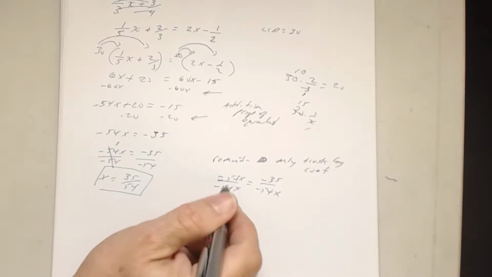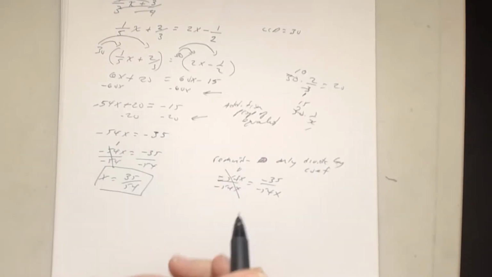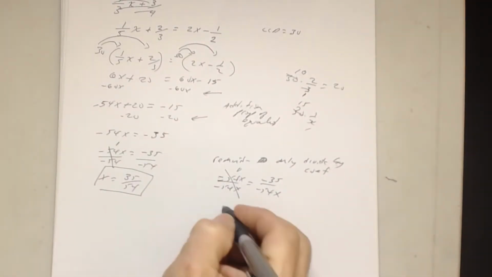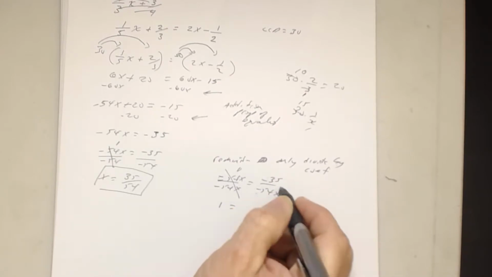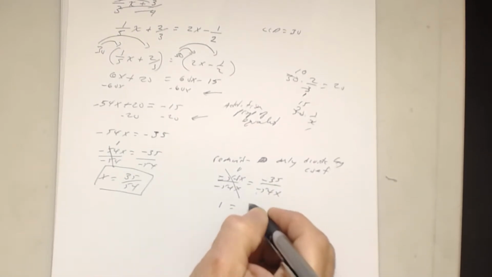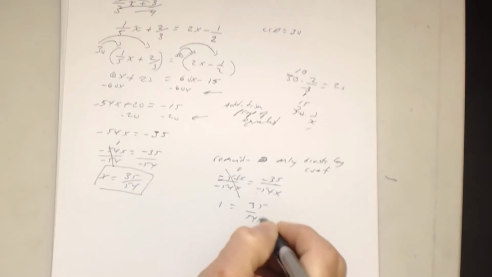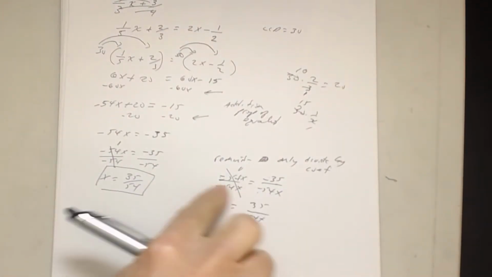What's negative 54x divided by negative 54x? 1. Anything divided by itself is 1. And you're saying that 1 equals a negative, and negative is a what? Positive. So you're saying that 1 equals 35 over 54x. That's what this says. But have you gotten x by itself? No. All right. So that's what you're saying when you do this.